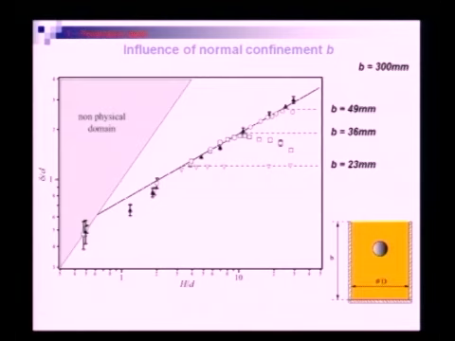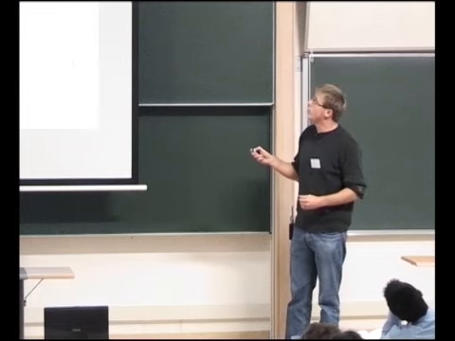So now let's have a look at the normal confinement. Here we are in an unbounded case for the diameter D. That means D is considered as infinite, and we change the value of B. That means the bottom of the cylinder here is changing. So here, when B is very large, it's the infinite case.